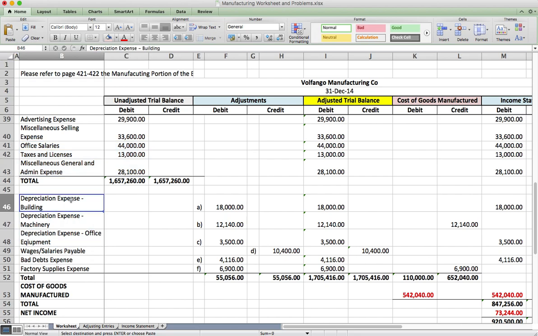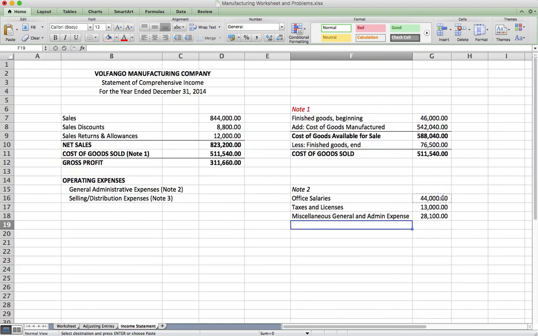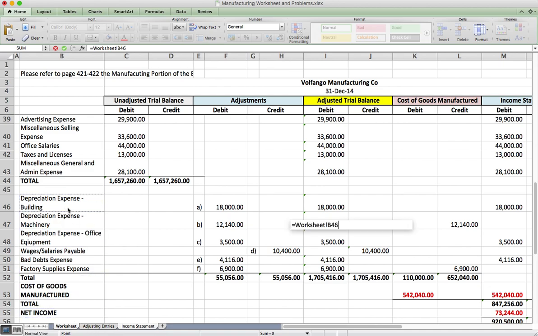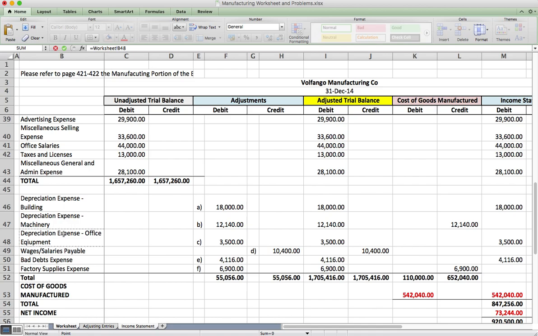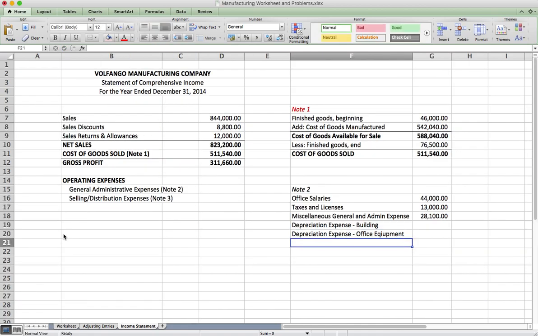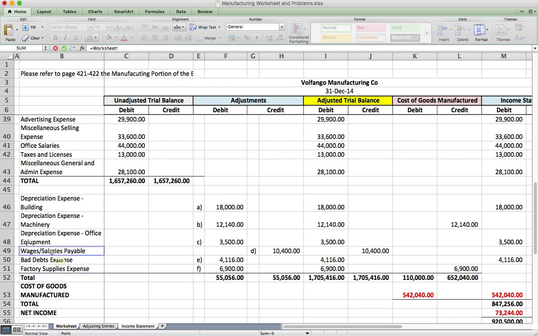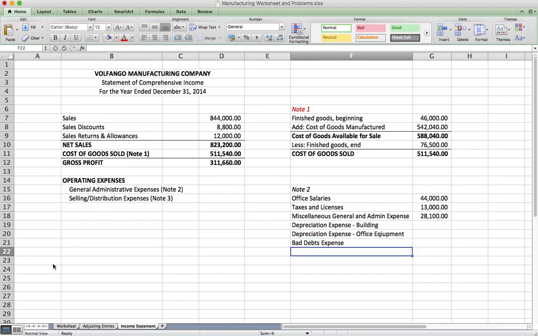Kopyahin natin ito. Tanggalin natin si depreciation expense for machinery. Wala na yan because that is your factory overhead. Ano pa? Bad debts expense. Ayan.